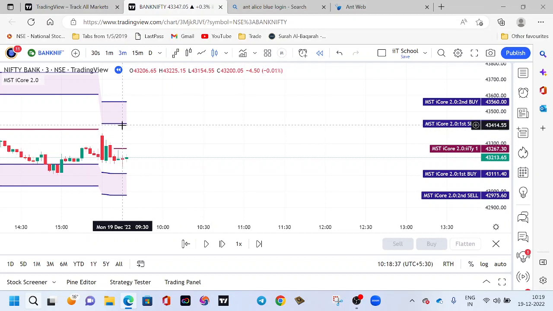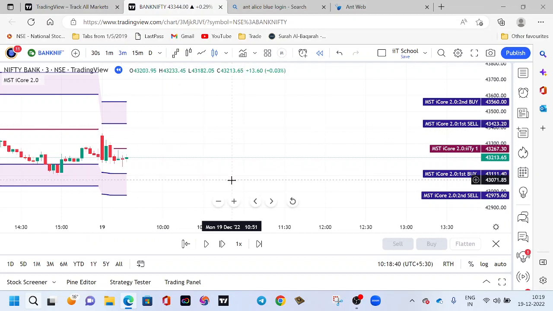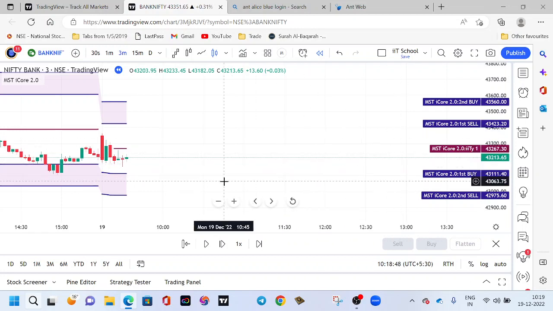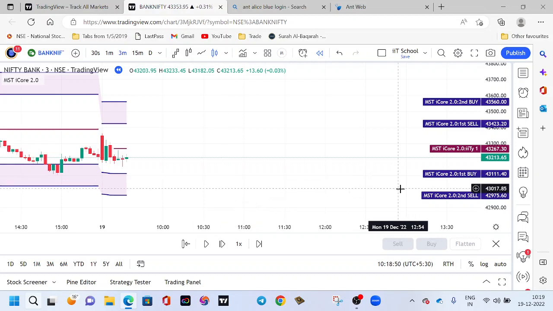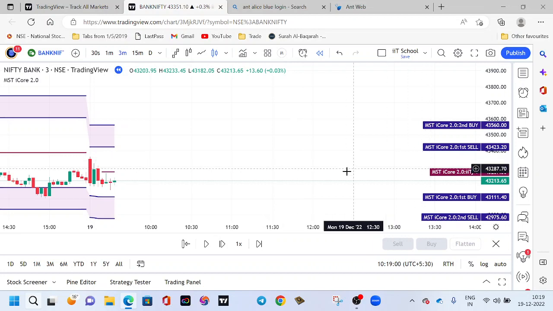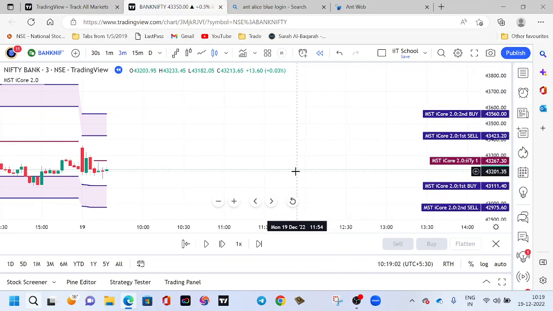If the market goes first to 43,423, then we will be buying the 43,400 put option or 43,300 put option or 43,200 put option or 43,100 put option, depending upon your capital and the investment you risked for the trade.